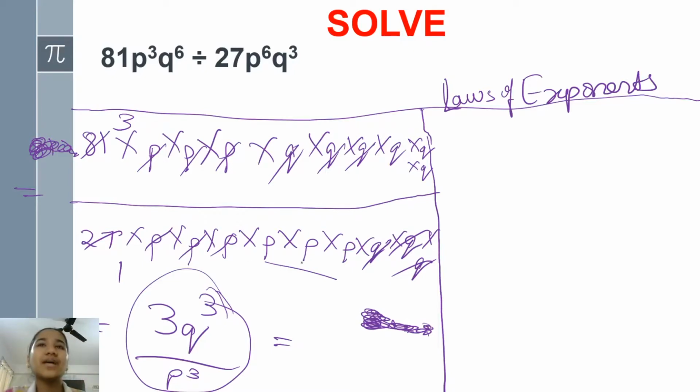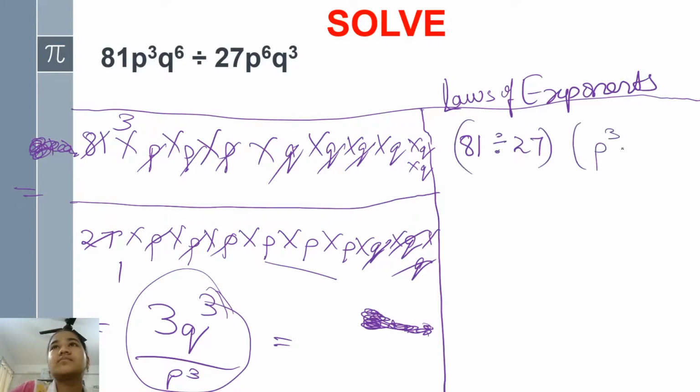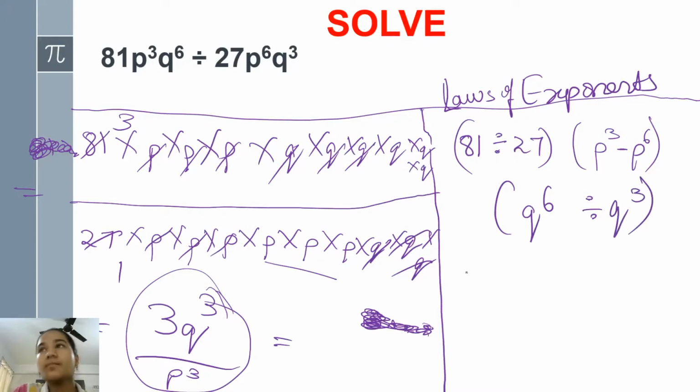Okay, now another process which I was telling you about, the laws of exponents, which is easier. That is, 81 divided by 27 for the coefficients, then p to the power 3 divided by p to the power 6 and q to the power 6 divided by q to the power 3. 81 by 27 is 3.